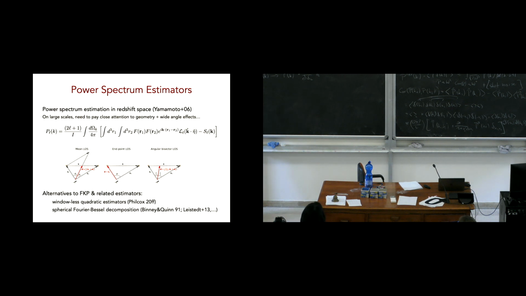And at that point, we have two choices. We can either include this in the modeling and explicitly marginalize over large-scale modes, which would add quite a bunch of extra parameters. So instead, we can analytically marginalize and put this term into the covariance.